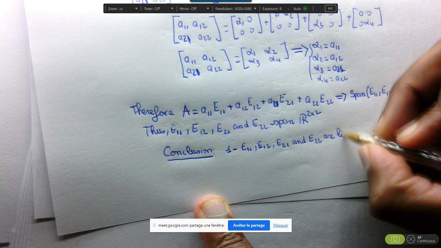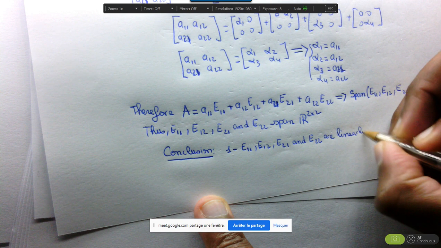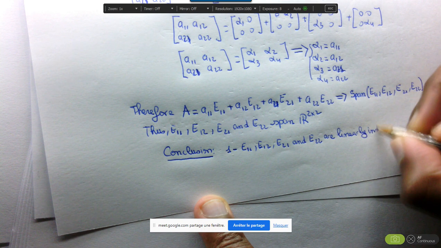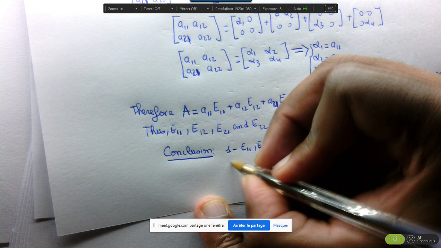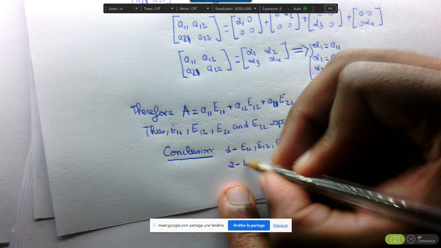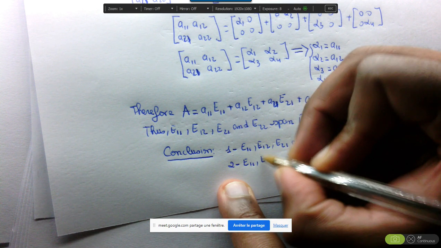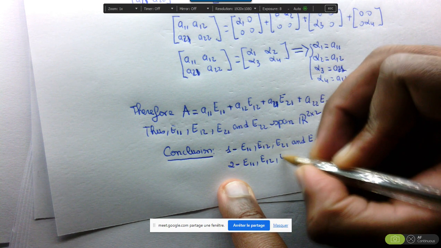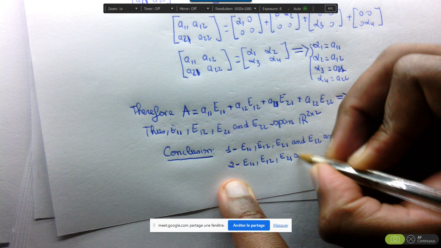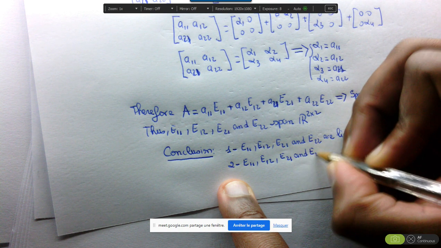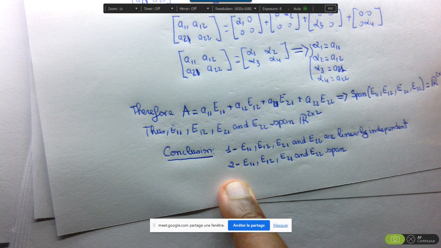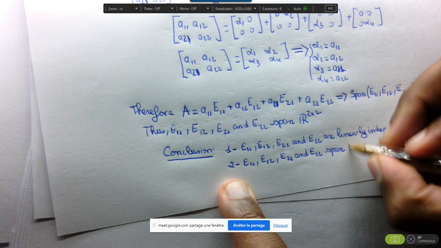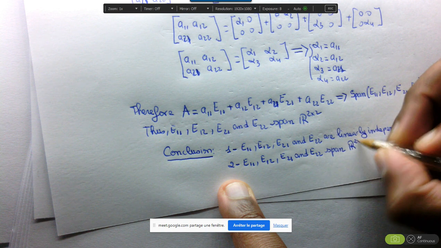The second thing is that E11, E12, E21 and E22 span the vector space from which they come, R2 by 2.